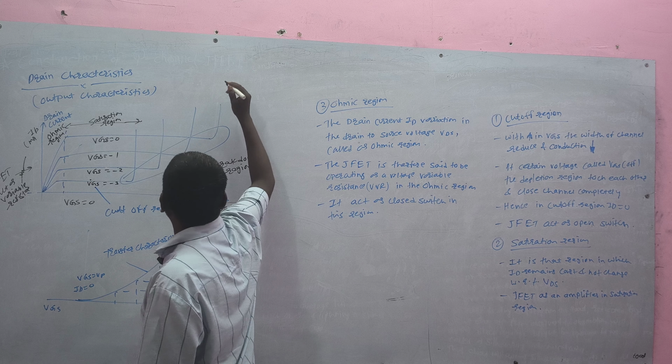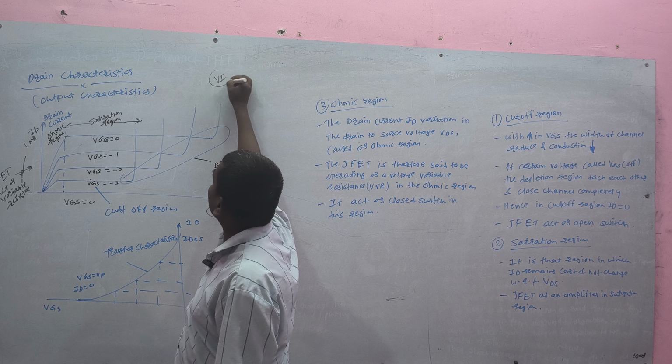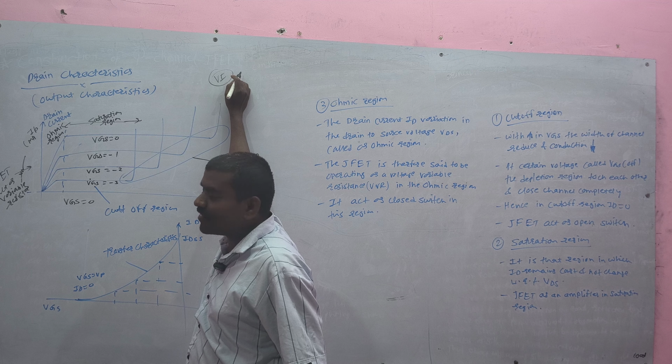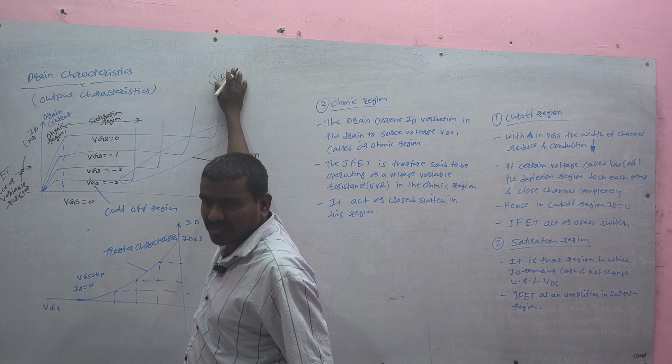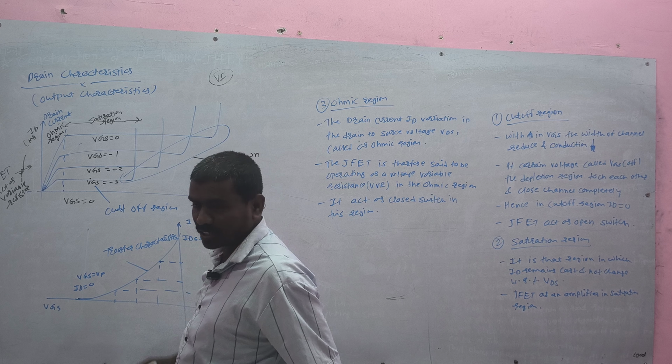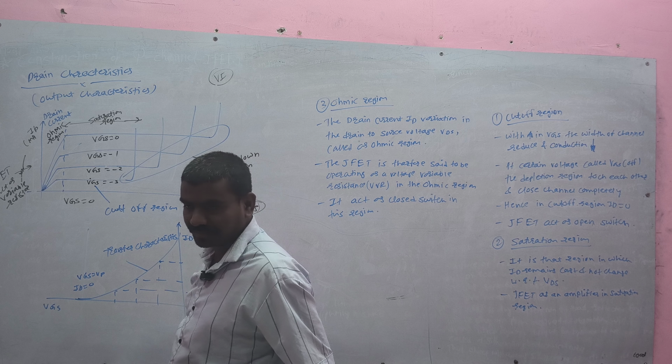This characteristic is known as the VI characteristic of JFET, the output characteristic: output current versus input voltage. It is also known as the drain characteristic.